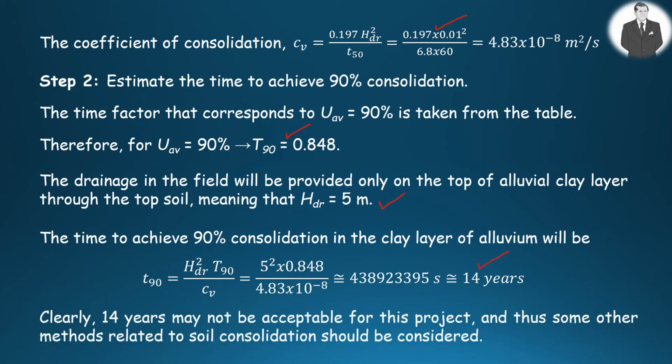It is obvious that 14 years may not be acceptable for this project, and therefore some other methods related to soil consolidation should be considered. The most popular one being preloading.